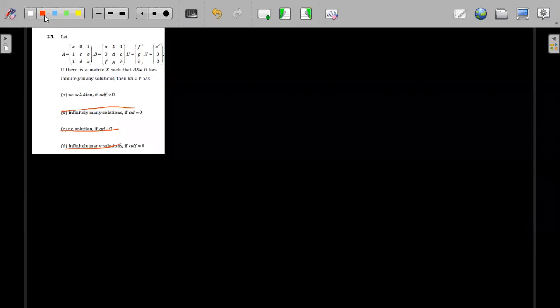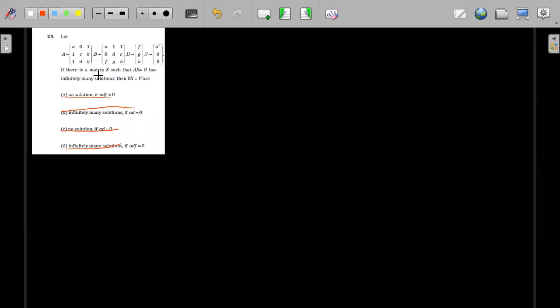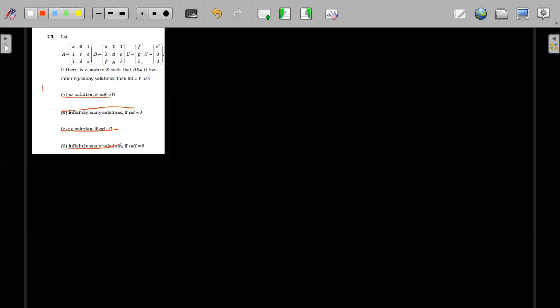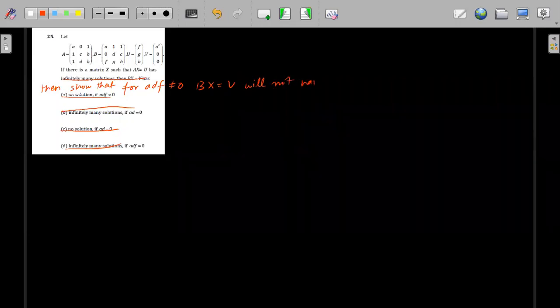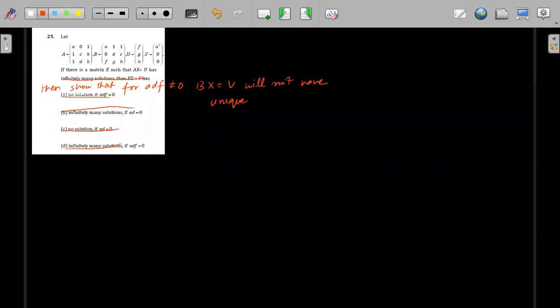They had given that if there is a matrix X such that Ax is equal to U has infinitely many solutions, then show that for ADF not equal to 0, Bx is equal to V will not have a unique solution.